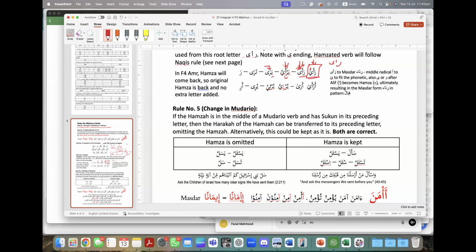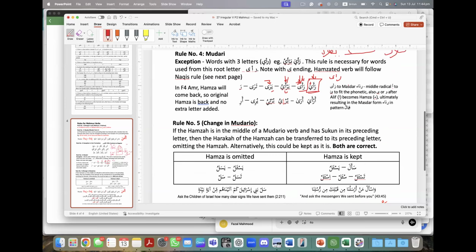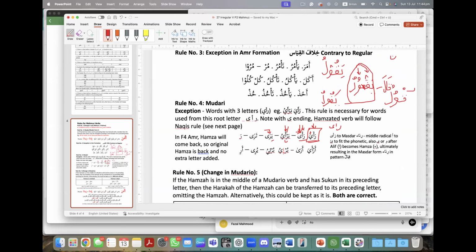I'm sorry, what does it say here? Because we have seen in yaqulu, the waw is not getting dropped there. Sorry, yaqulu, what did you say?